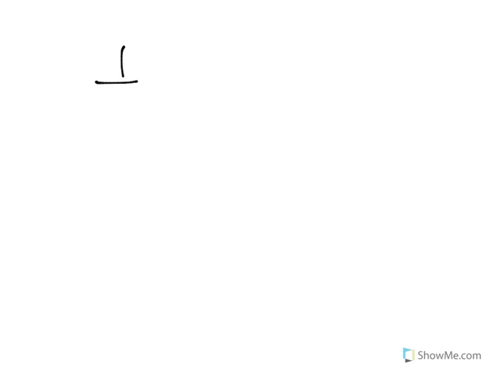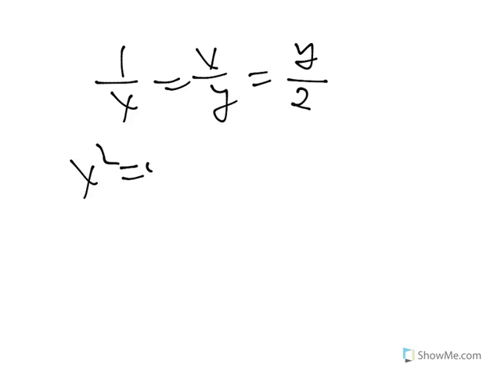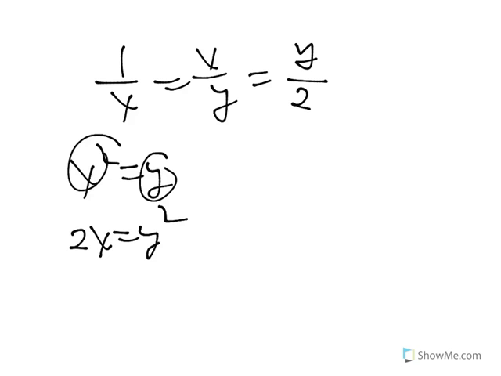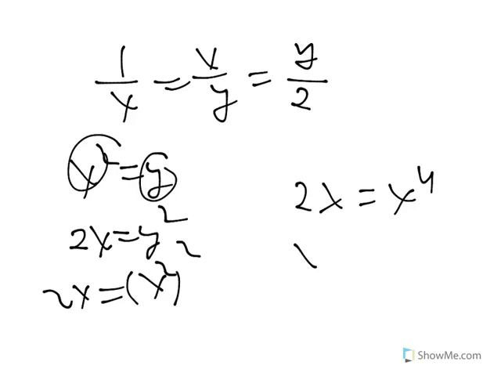Let me do this with the 1, and that's probably a little better. So x over y equals y over 2. So x squared equals y, and 2x equals y squared. So y equals x squared, so I can substitute that in, get x squared squared equals 2x, or 2x equals x to the 4th, or 2 equals x cubed, or cube root of 2 is equal to x.